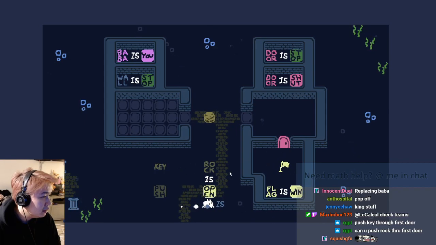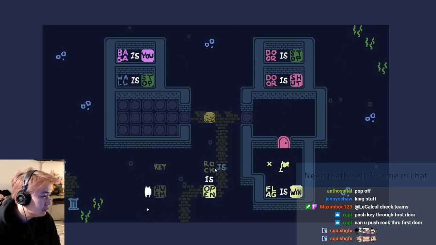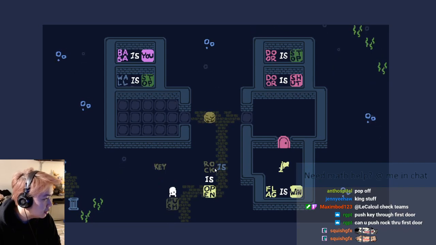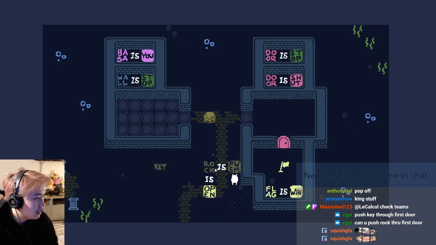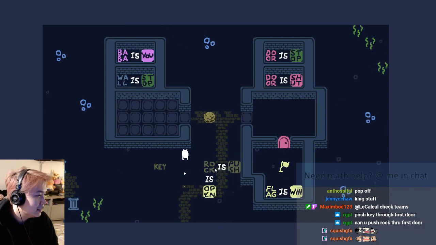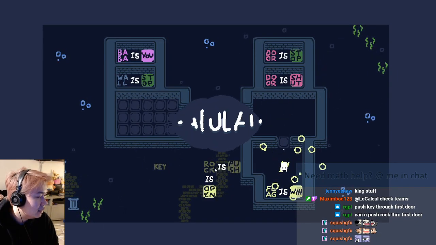And then... So now rock is open. Hello, squishing. And then I just need to make that same sentence, but with the rock this time. So now I can push the rock and it is open. So this now basically acts like a key. And I win.